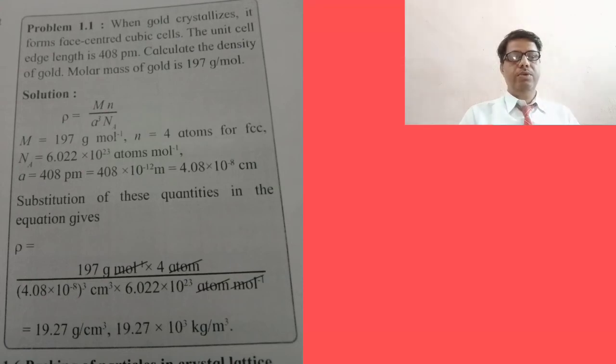Next one is Avogadro's number. It is the standard value, 6.022 × 10^23 atoms per mole. A, the edge length, is equal to 408 pm, that is 408 × 10^-12 meter, or 4.08 × 10^-8 centimeter.